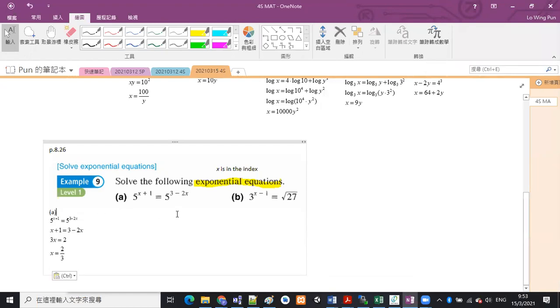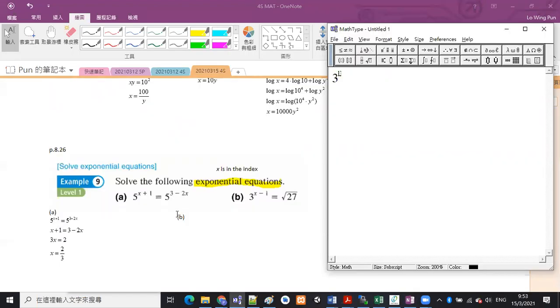How about part B? So 3 to the power x minus 1 is equal to square root of 27. 左手邊係3嘅次方，個 x 係喺次方個位。跟住右手邊係開方27。我見到 square root 唔方便計數，咁我先將佢變成 27 to the power 1 over 2.